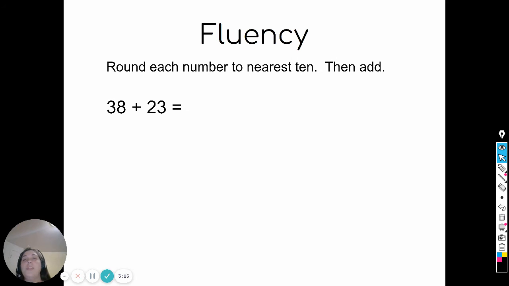For our next fluency, I want you to round each number to the nearest tens place and then add them together. This is what we were practicing yesterday. It's what we learned in class and what you practice on your IXL. So you're going to round each number to the nearest 10 and then add them together.